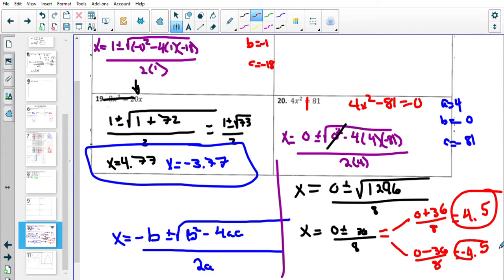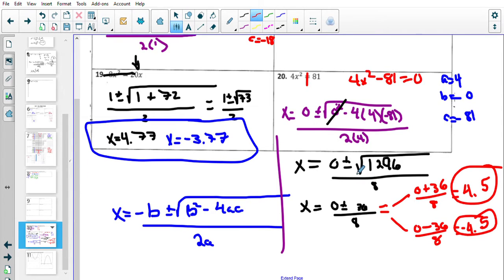So we have positive and negative. And again, one of your problems on your test, you will have to show doing this entire process, putting it in standard form, finding your values of a, b, and c, plugging into your formula, and simplifying correctly.